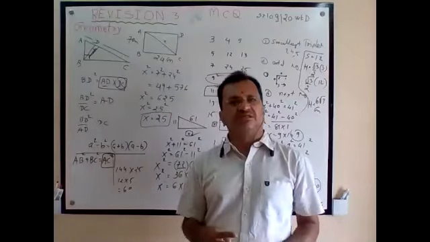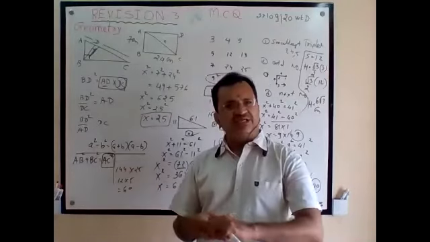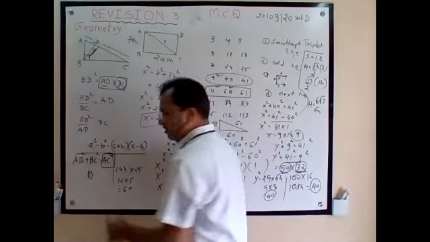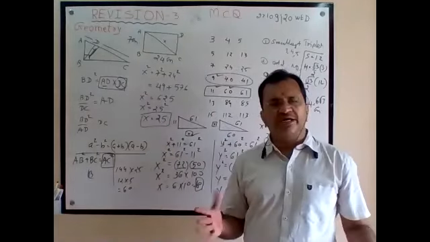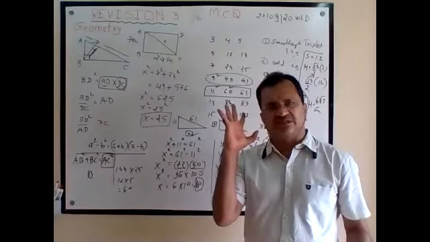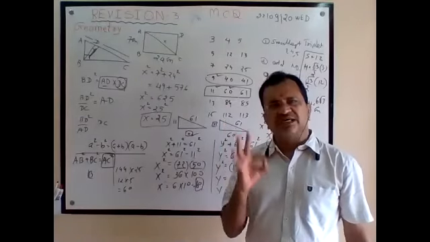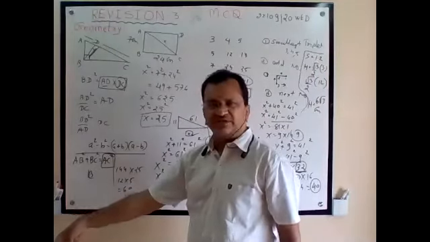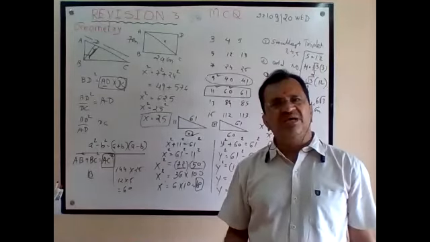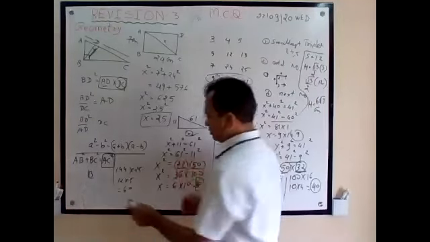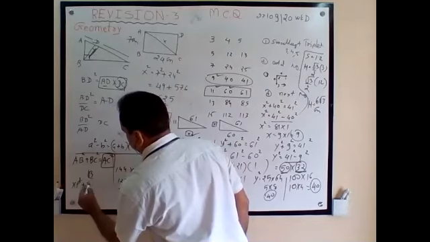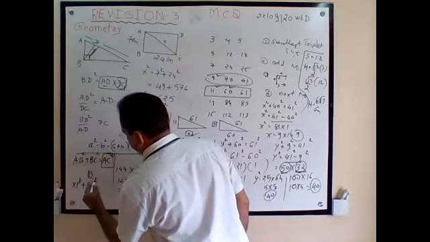They have used ABC. Remove this A and C. Which remains? B. So B is 90 degrees. No need to draw the diagram. Hypotenuse is AC. So it is opposite to which? B. For example, xp square plus pz square.